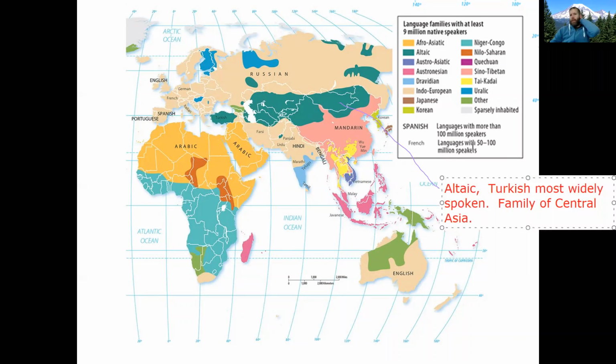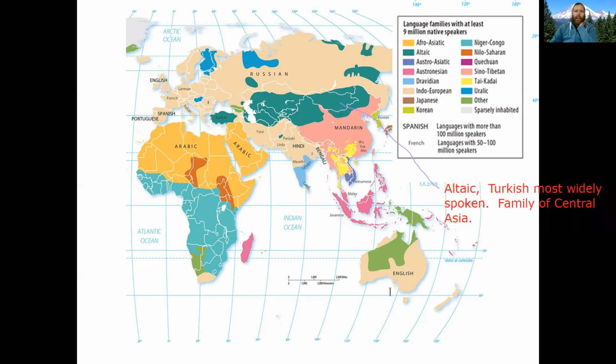So this language family is called Altaic, and again, like I said, Turkish is most widely spoken, but it's all these languages of the stans here, and again, Turkish obviously over here. So these people are all ethnically, kind of linguistically more related to each other, these Central Asian people. We've talked about these Uyghur people out here, these Muslim Uyghurs that are in Western China. Those people speak a language that's much more closely associated with Turkish than it would be to Chinese. Same thing with Mongolian people and the people of the stans, Kazakhstan, Uzbekistan, et cetera, et cetera. That's Altaic. Okay.